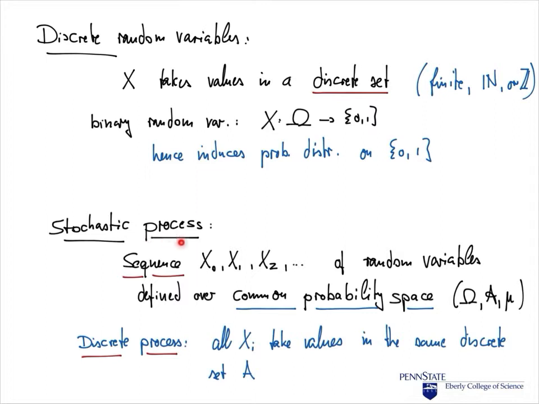A stochastic process now is a sequence of random variables, so x0, x1, x2, and all these random variables are defined over a common probability space, omega, A, and mu. And again, a discrete process just means now that all the x_i take values in the same discrete set A. And again, for us, the most common situation will be where our set A is just the binary alphabet.